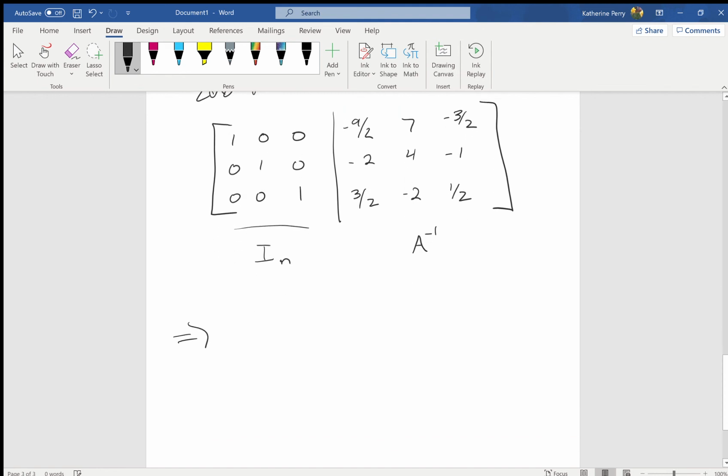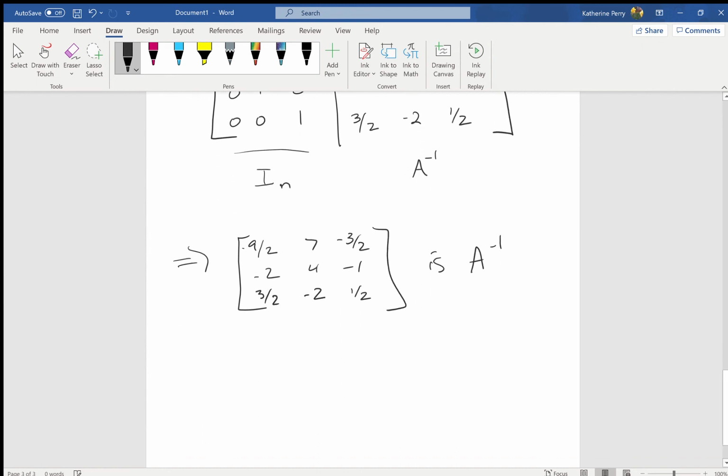So this implies that this matrix is the inverse of A. And if I wanted to verify this, well, I would take my matrix A and multiply it by this inverse, and then I would show that that's equal to the identity.